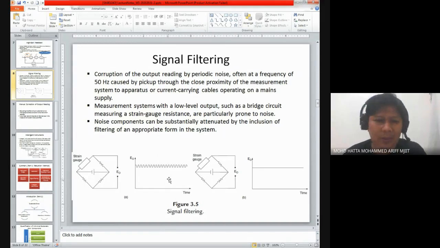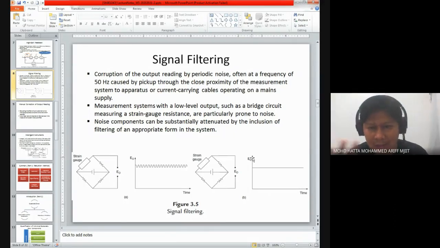So what we can do is filter out the disturbance at that particular frequency by introducing a filter. In this case, the best solution for filtering the particular frequency is by using a band stop filter.